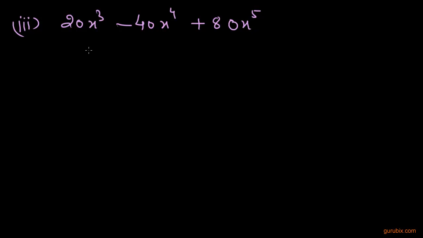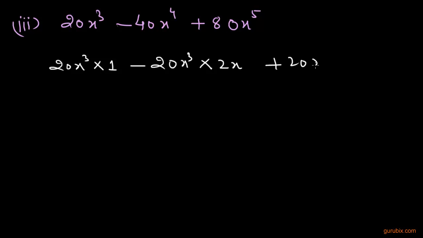Can we write this term of this algebraic expression like this, 20x cube into 1, and this term like this, 20x cube into 2x, and this term 20x cube into 4x square?